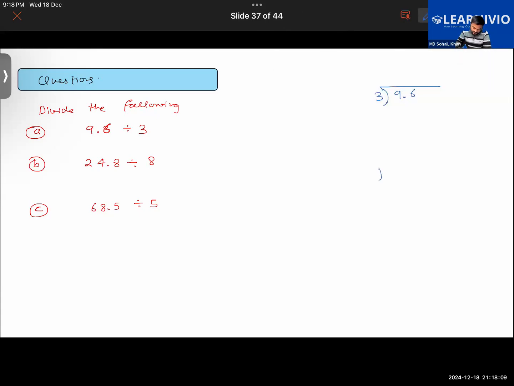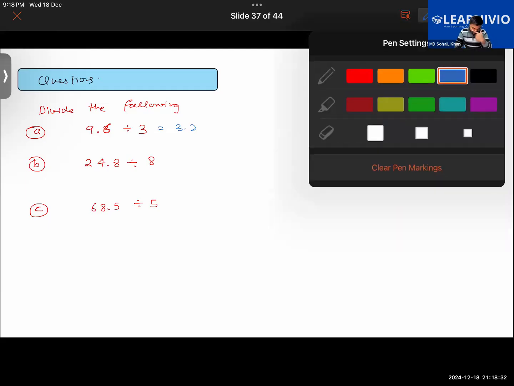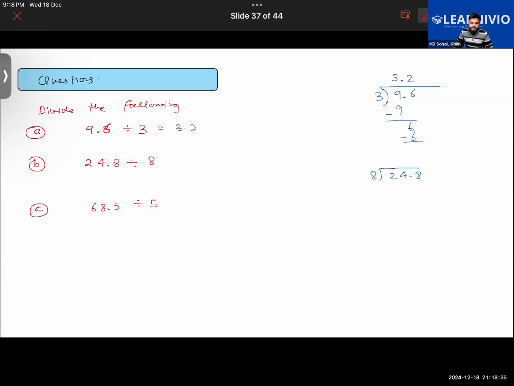For the first one, is it 3.2? Well done. 3.2. Very good. Right, so 3 threes are 9. Then you write down the 6 over here. 3 twos are 6. And there you put the decimal point. Good. Continue with the next one. It is 3.1.